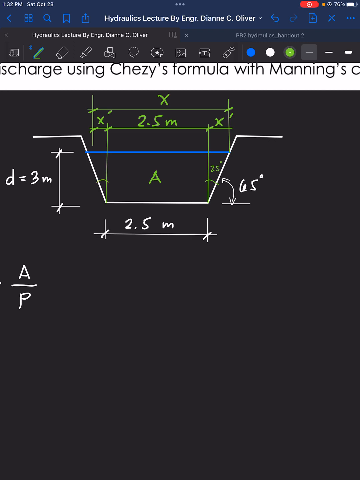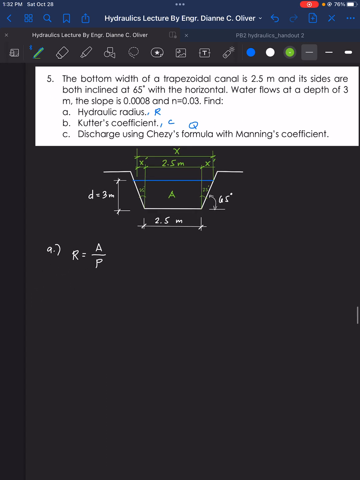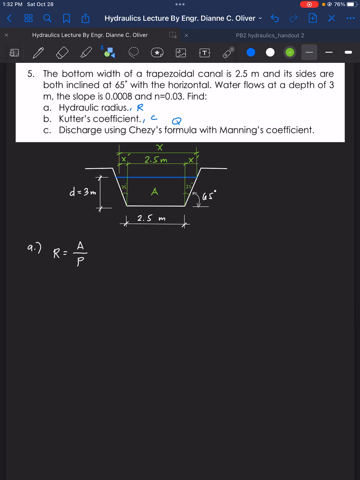This is also 25 degrees. Therefore, we get a triangle formed here wherein this is our x prime and this is our depth of 3 meters, and this is our angle 25 degrees.